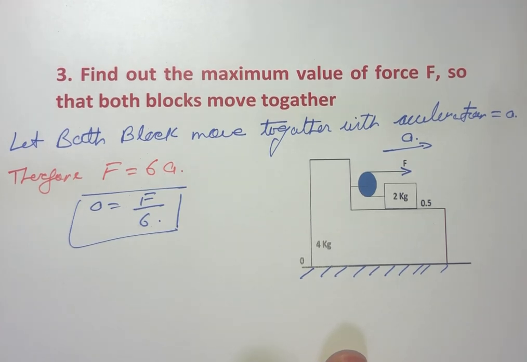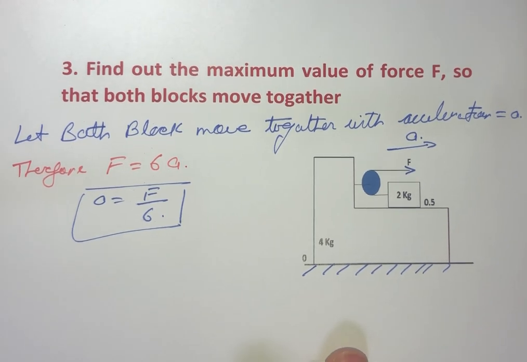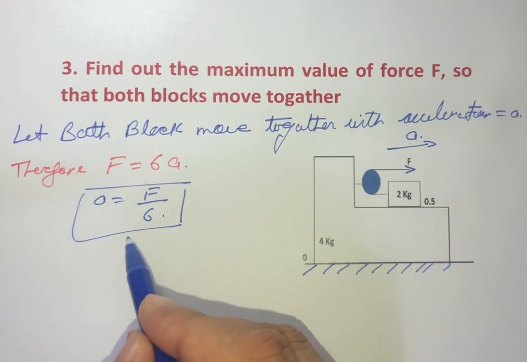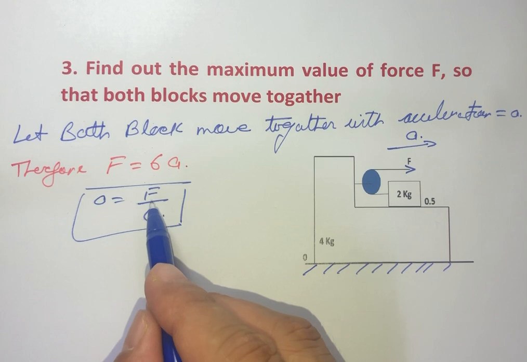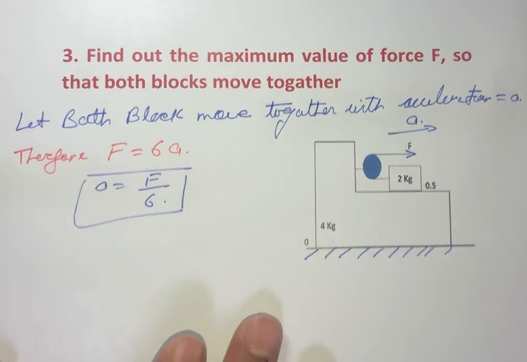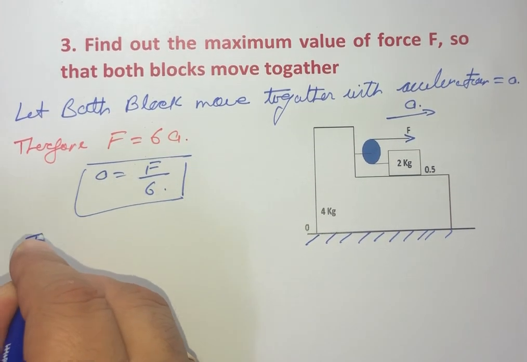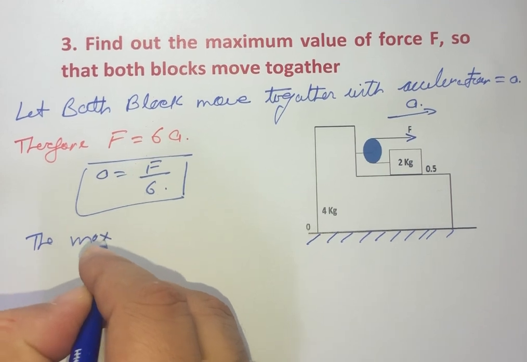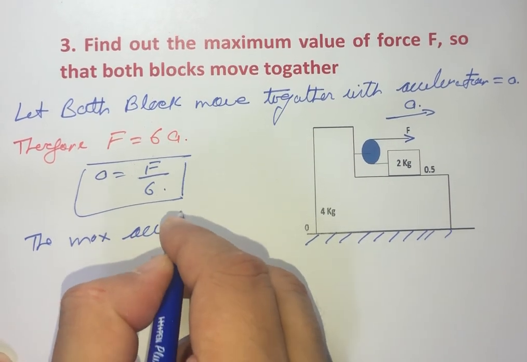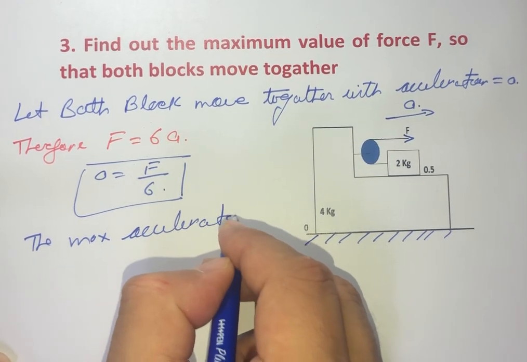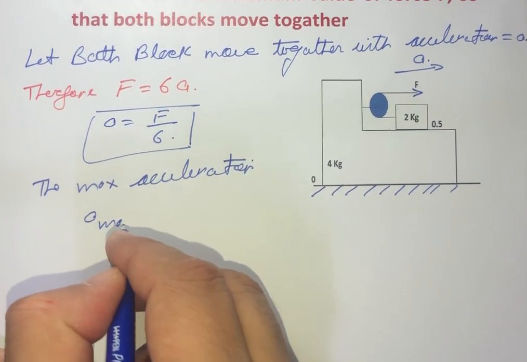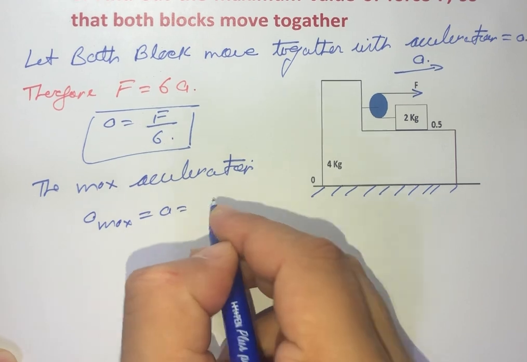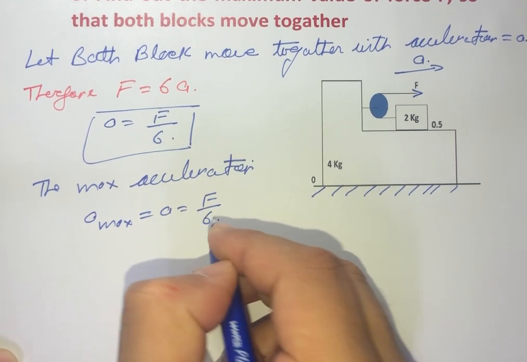So the maximum acceleration, which is represented by A max, will also be equal to A, which is equal to F by 6.